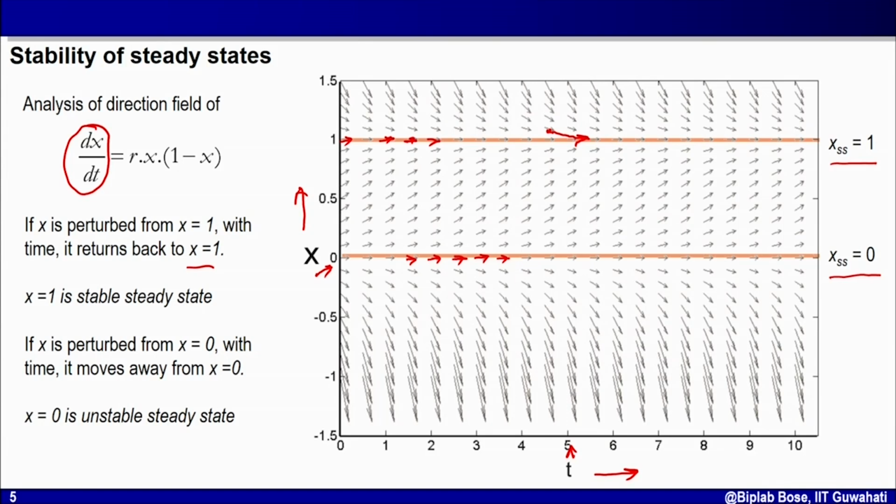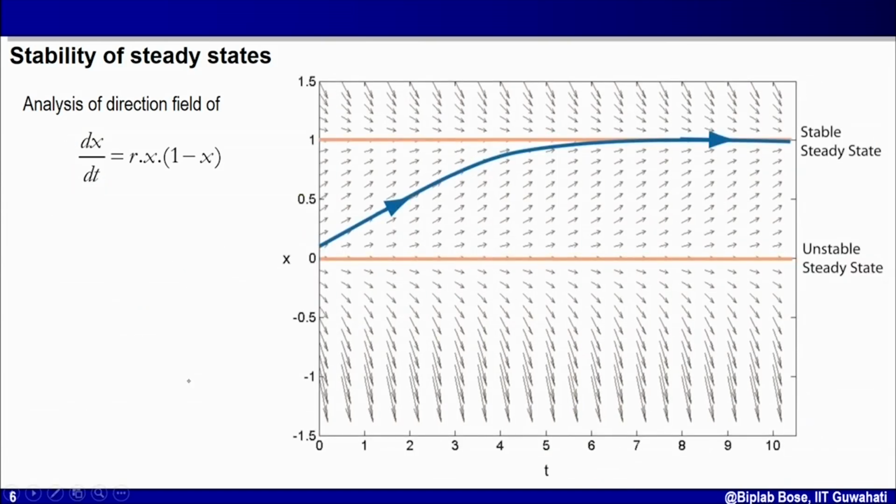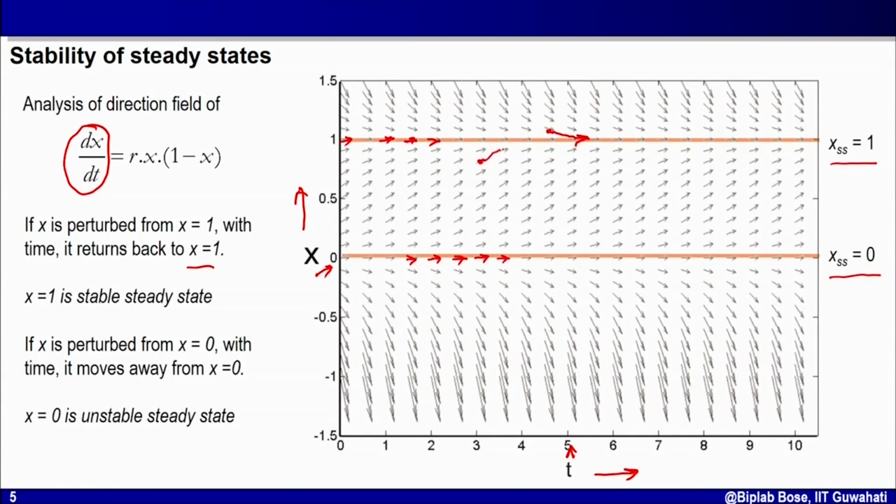Let us take another point. Suppose I am somewhere here at time 3. Now I pull down the value of x slightly at this point. If I leave x, with time x will evolve along this direction field, and ultimately collapse at x equal to 1.